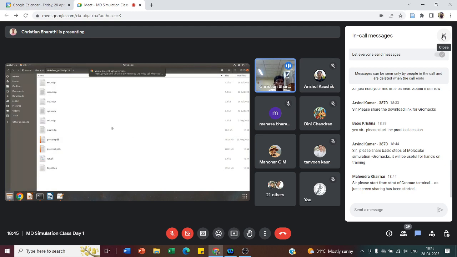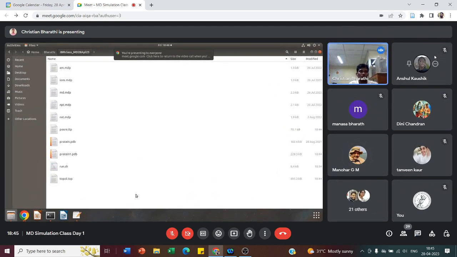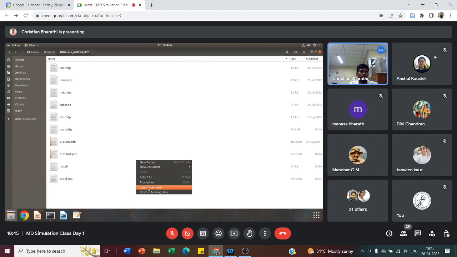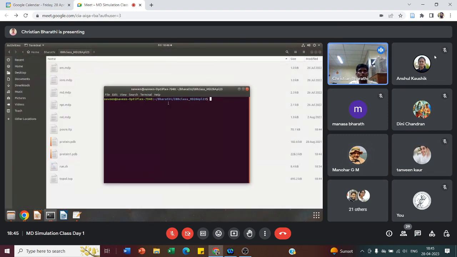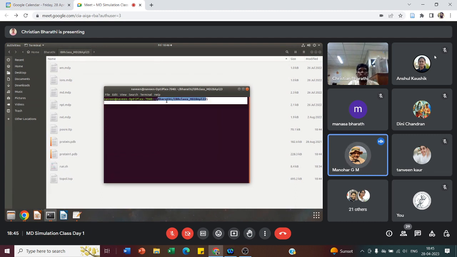Okay, I did that earlier. I opened my terminal from here, and it will show where your files are. I am using WSL Linux Ubuntu.